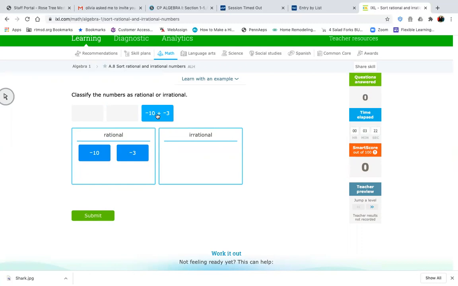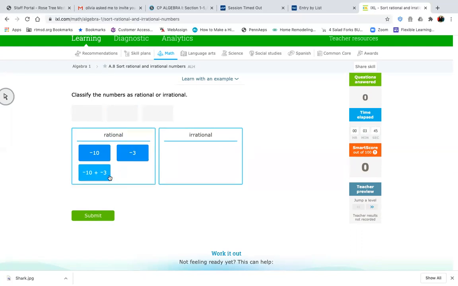What about -10 plus -3? What do you think? Well, what is -10 plus -3? Do you have a calculator right there? -13, I think. Does that make sense? -13 does make sense.